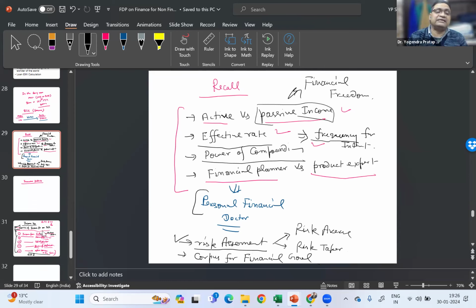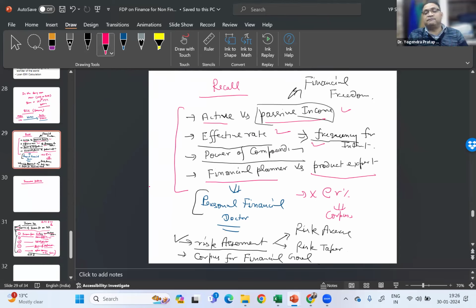Then in the third step, the financial planner suggests you should invest X amount at the rate of R%, then you will achieve that corpus.